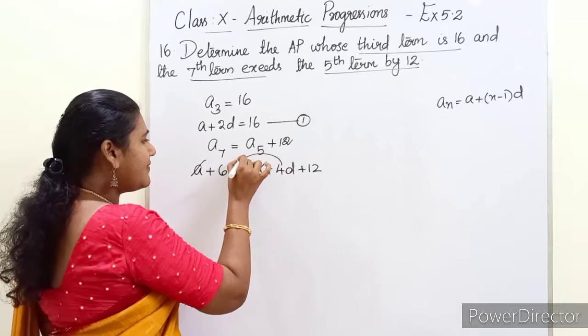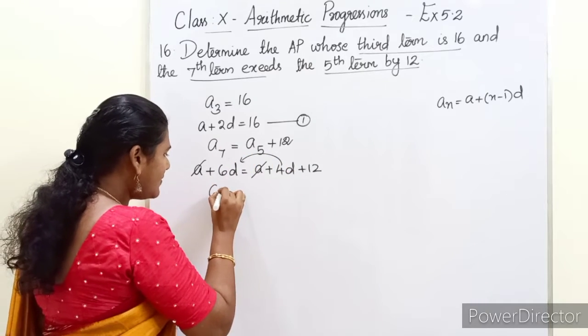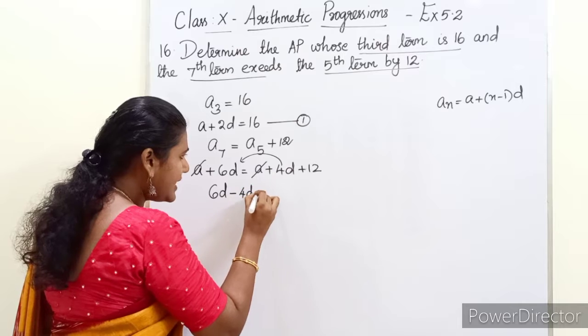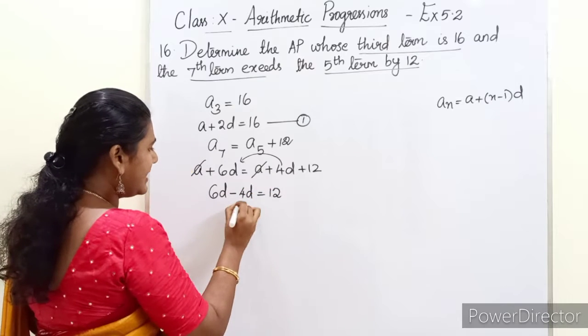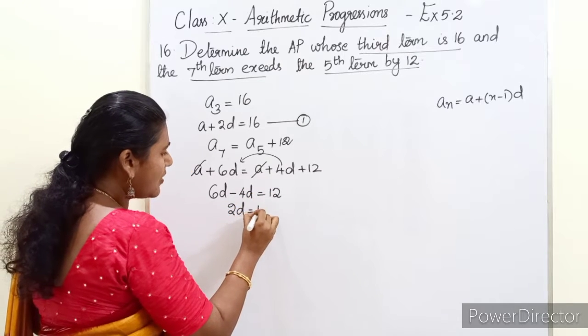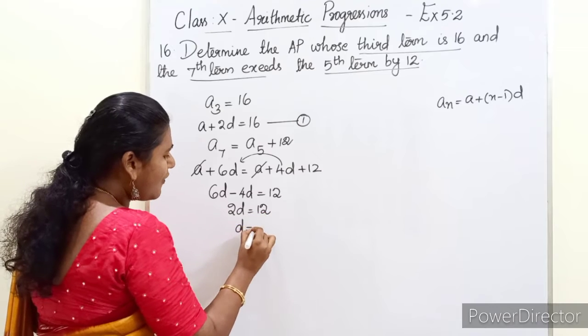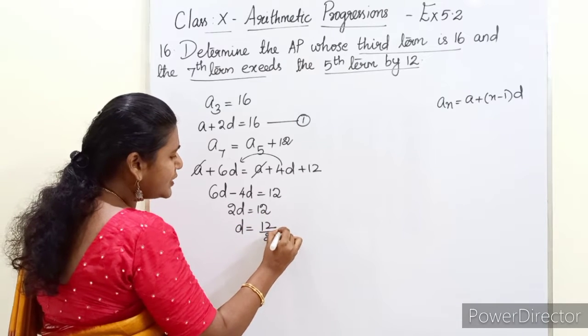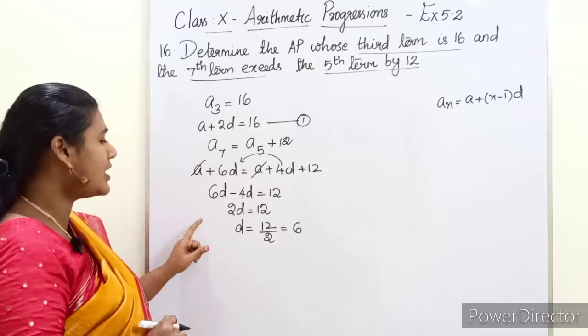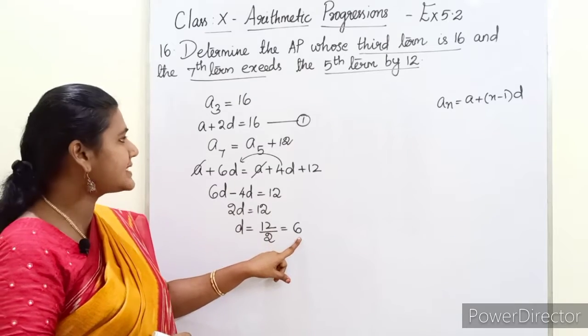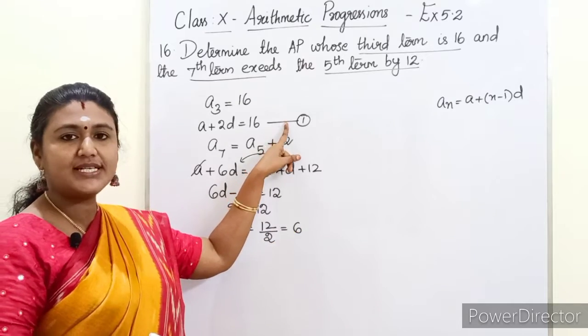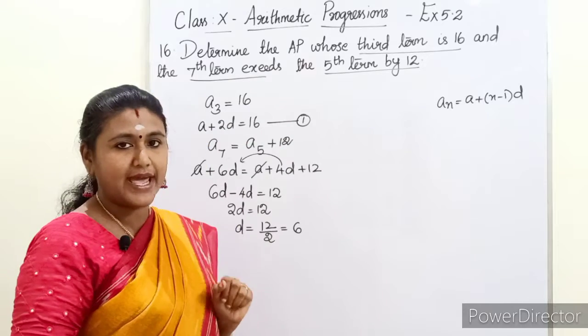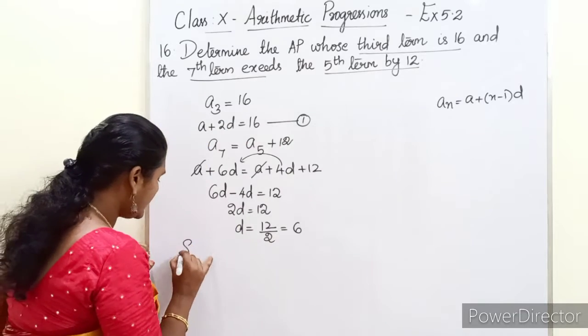From this we can find the value of D. We bring 4D to the left side, so 6D minus 4D is equal to 12, that is 2D is equal to 12. So D is equal to 12 by 2, which is 6. We got the value of D as 6. Now we substitute this in the first equation to find the A value.